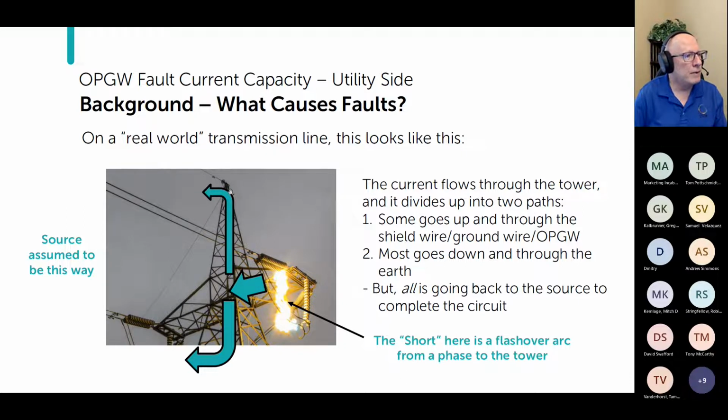Some of it goes up to our shield wire, which could be a conventional shield wire, a 3/8 inch EHS, or it could be an OPGW, but it's going up to go through the shield wire or ground wire, whatever it is. But some of it is also going down through the structure and then flowing back to the source through the earth. But the point is that all of that energy has to go back to the source in order to complete the circuit.